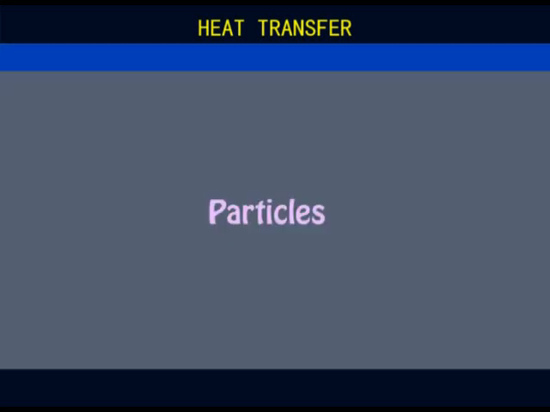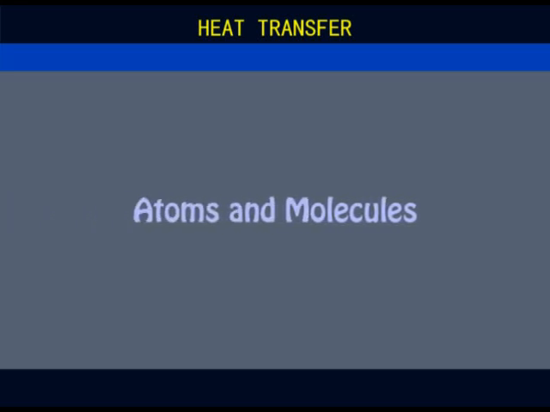Now, as we proceed, it is important to redefine the term particles, which we said make up all matter. From time to time, the word particles will be replaced by more specific terms, atoms and molecules, which you may be learning in other subjects. What we've been calling particles are in fact atoms and molecules.